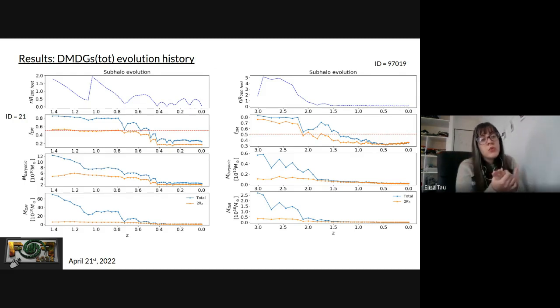So what we think may be happening is a tidal stripping scenario that passes through time, and when the satellite comes really close to the host, it loses some of its dark matter.